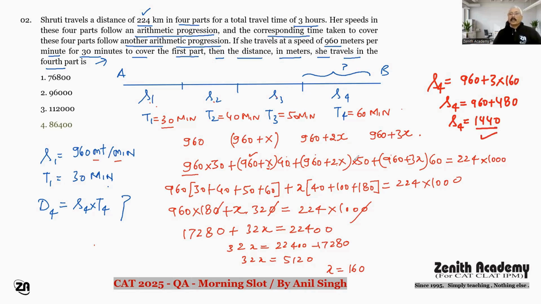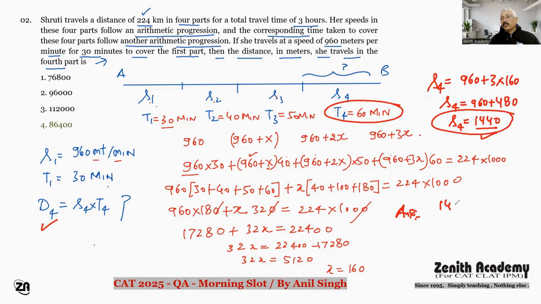S4 you have, and the T4 you have. And now we need to answer the question. D4 means fourth part distance, S4 into T4. So finally, the answer will be 1440 into 60, which is 86400. This is our answer.